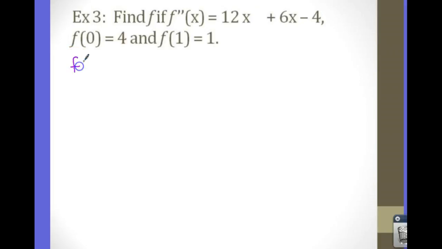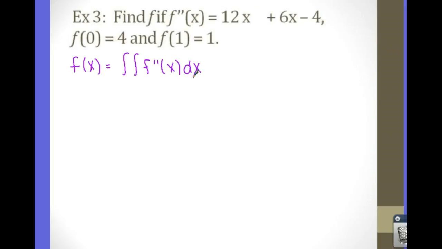So f of x is equal to the integral of the integral, you can actually have two integral signs, of f double prime of x dx. This leads us into the second fundamental theorem, which will take place with deriving and antiderivatives. What we're doing right now is called the first part of the fundamental theorem.